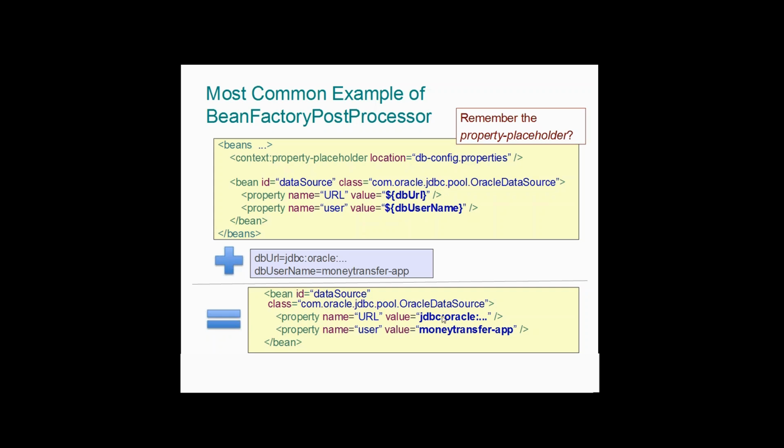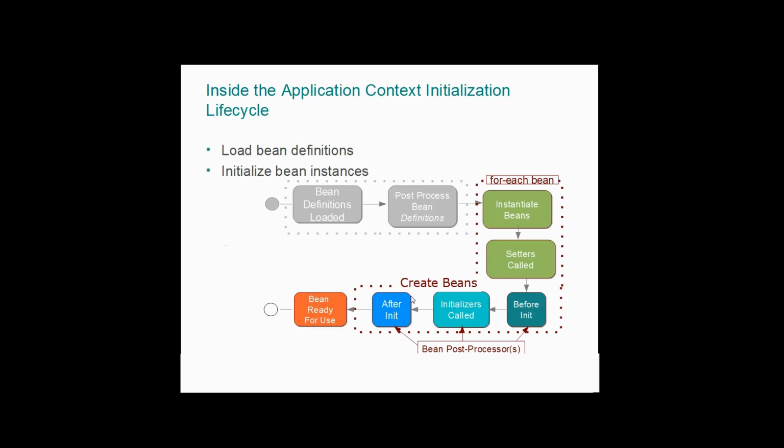It will not be XML, but a modified definition where it replaces this with an actual value, and with this you can create an object. This has been done by using one of the Bean factory post processor implementations. So that's how the Bean factory post processor Bean definition works.